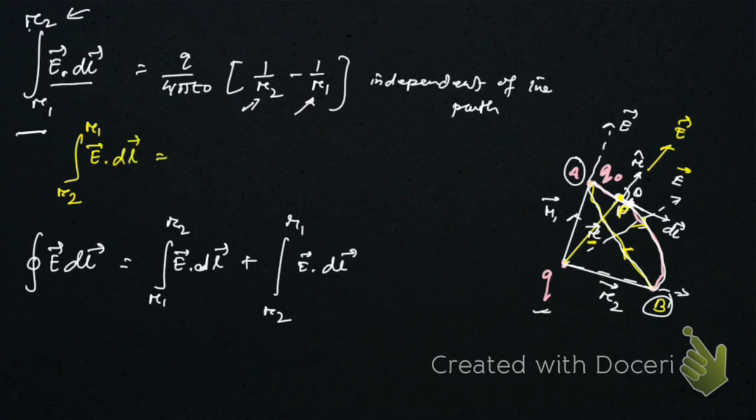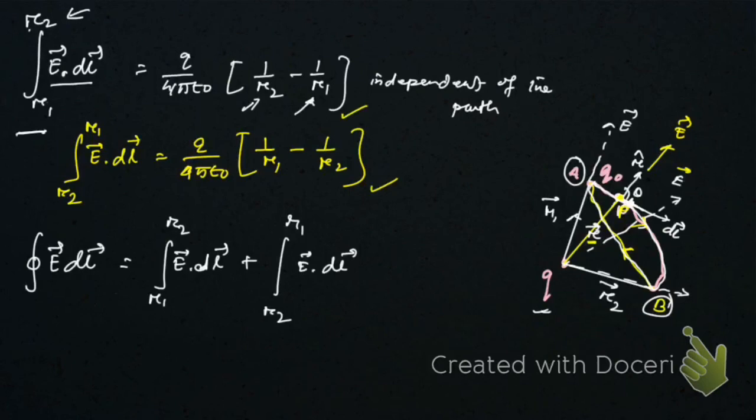That will definitely be q by 4 pi epsilon naught. Here we have 1 by r2 minus 1 by r1, so that's going to be 1 by r1 minus 1 by r2, right? Now let us add these two.